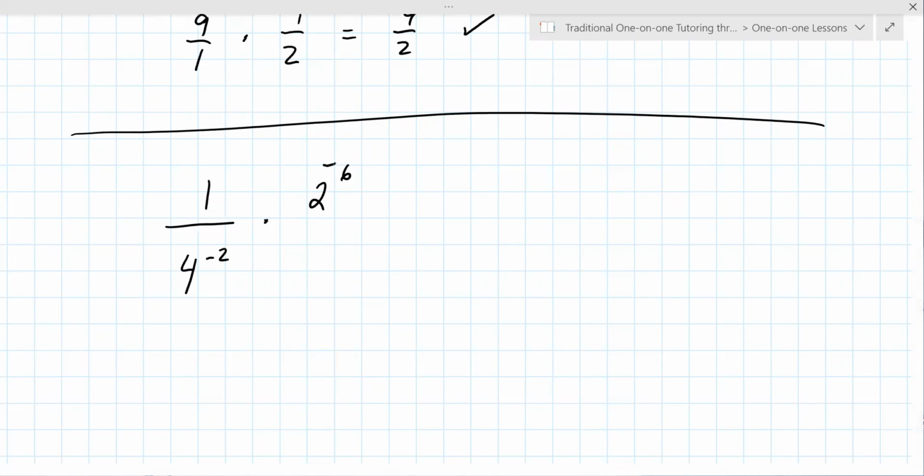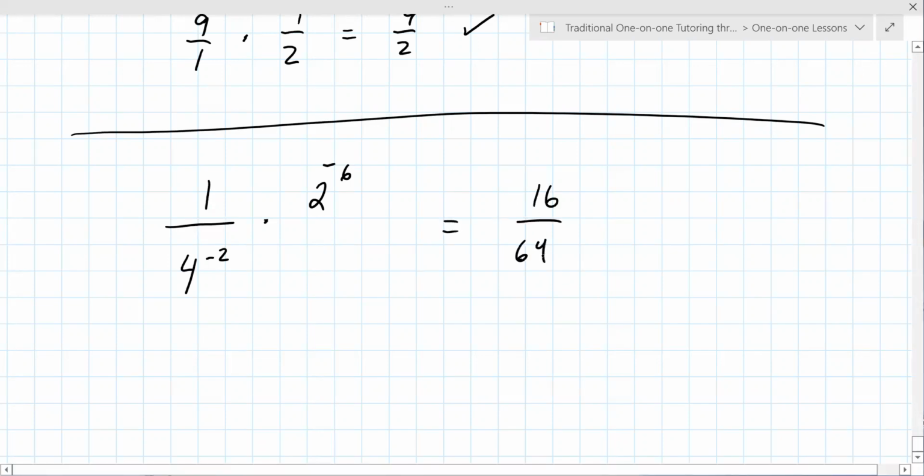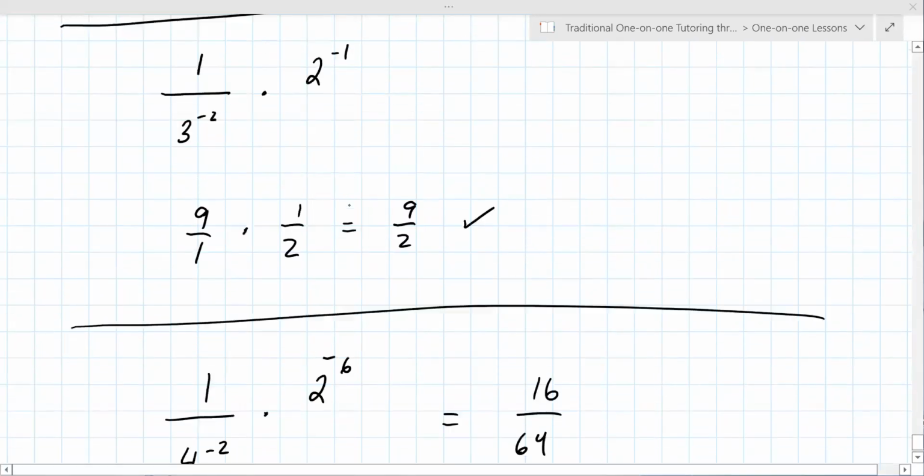It'd be 16/64, but I'd reduce it to 2/8, which would be 1/4. Yes, 1/4. Okay, so very good.